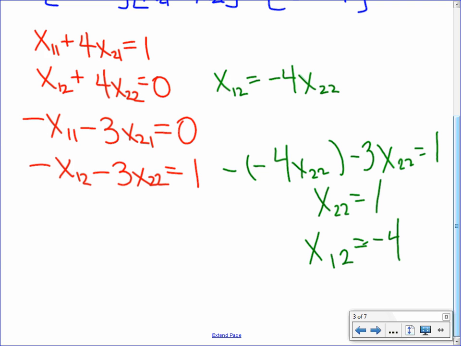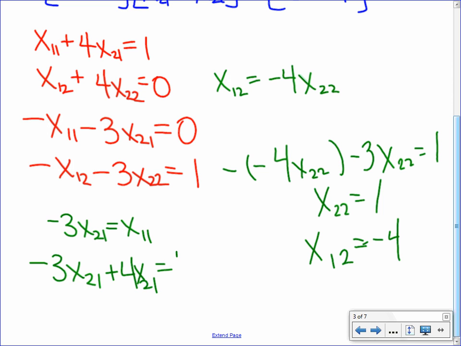You can do the same thing to the other two. Right here, I'm going to move this to the other side, so negative 3 x sub 2,1 equals x sub 1,1. If I plug that back into the top one, I replace x sub 1,1 and get negative 3 x sub 2,1 plus 4 x sub 2,1 equals 1.